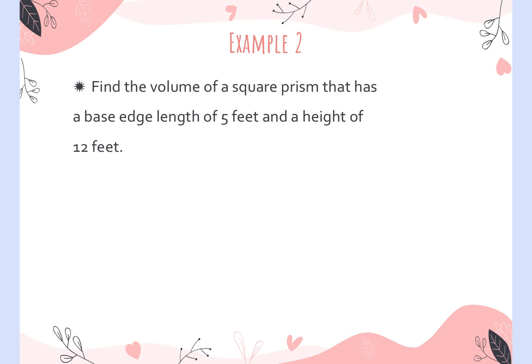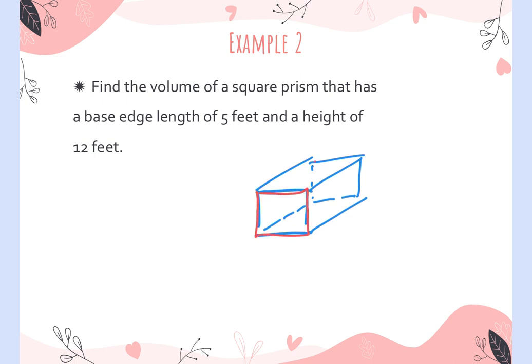Okay, example 2, find the volume of a square prism that has a base edge length of 5 feet and height of 12. So a square prism, so if you want to give yourself the visual, I actually start with the base and then just draw back. So now the base for me is the front and the back because I made those the squares.